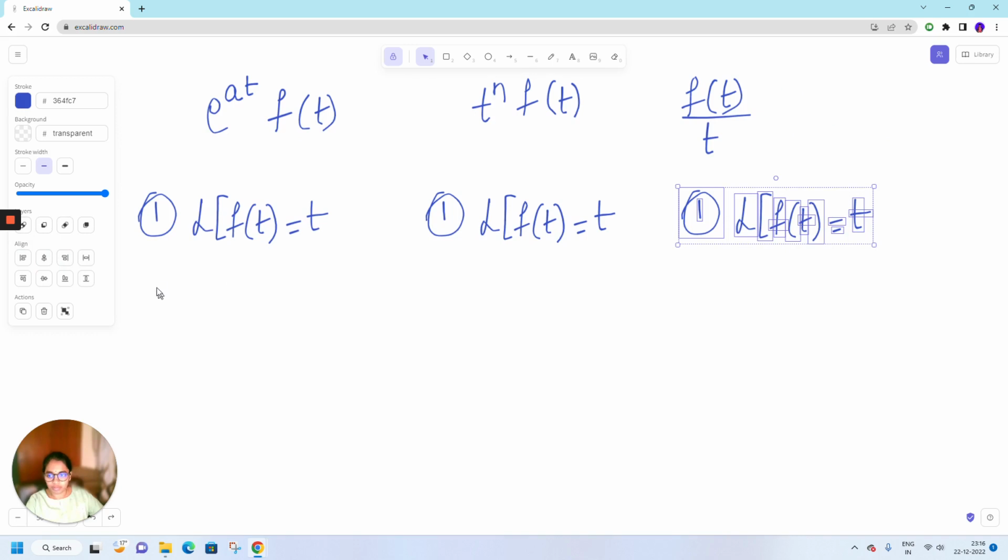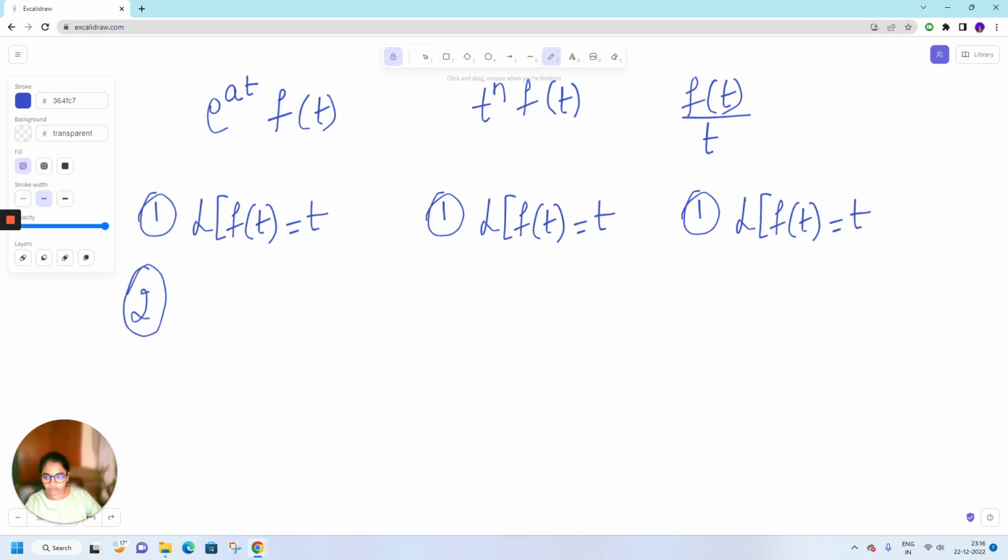We used to get here what? F of s, right? Not t. Laplace of f of t is f of s, or f bar of s. It all means the same. Okay, we used to get f bar of s.